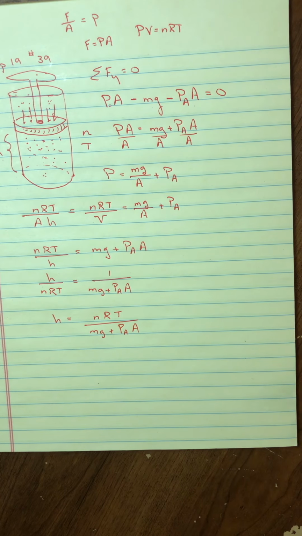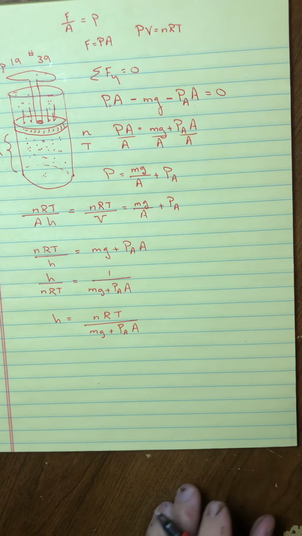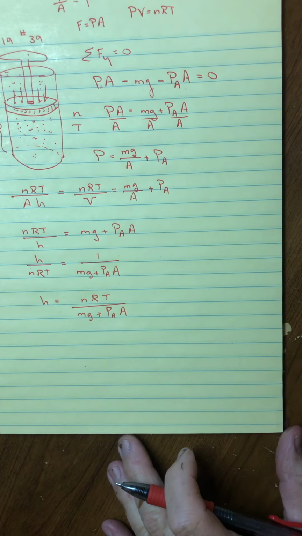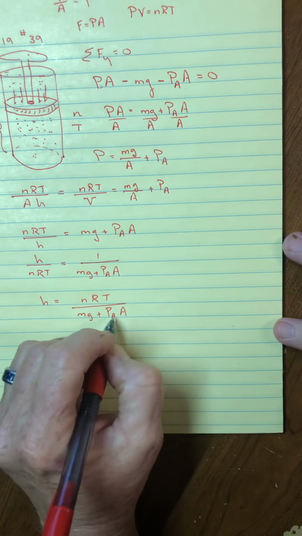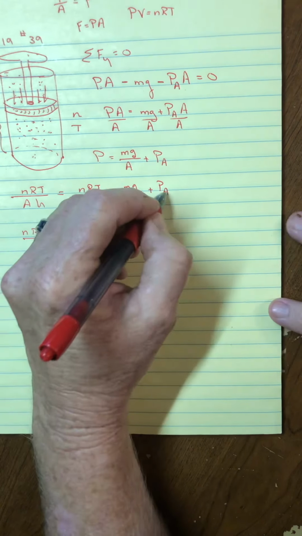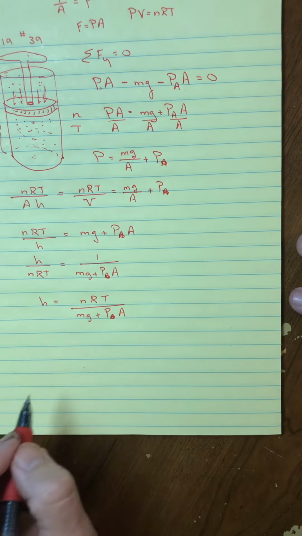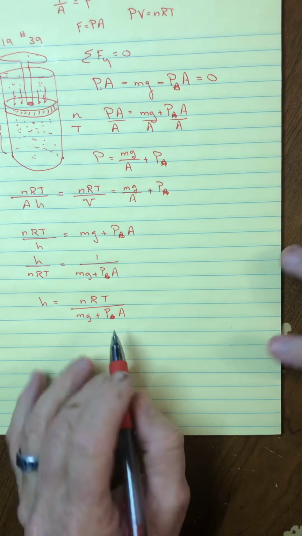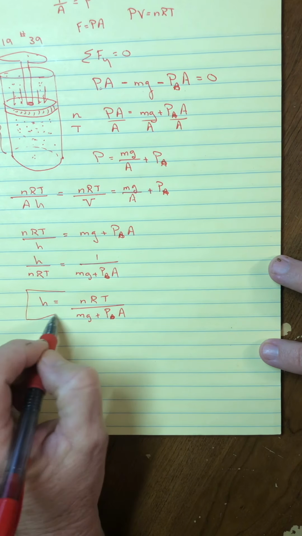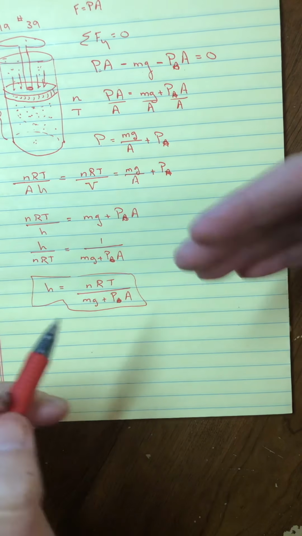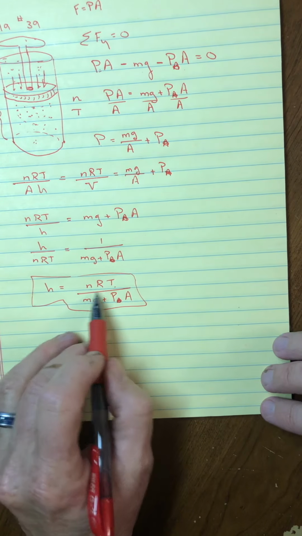And there's really nothing more we can do other than have some symbols here. Oh, and maybe I should have done sub O, because that's what your author does for atmospheric pressure instead of this A. Okay, but other than that symbolism, I'm going to say this then would be the answer, because I have it in terms of what they gave me, the temperature and the number of moles, and just a constant.